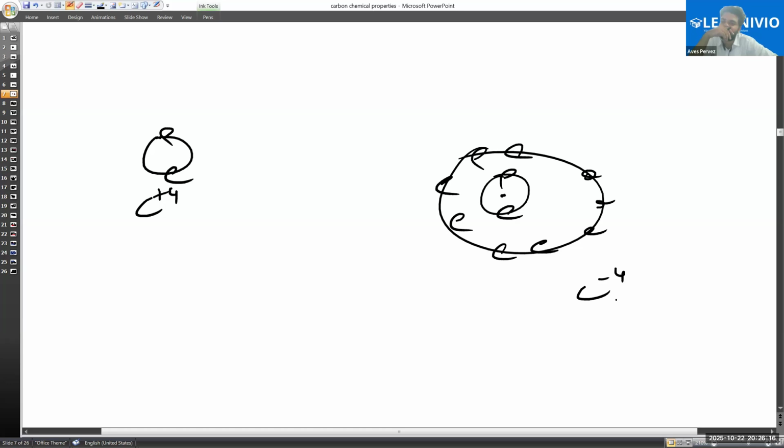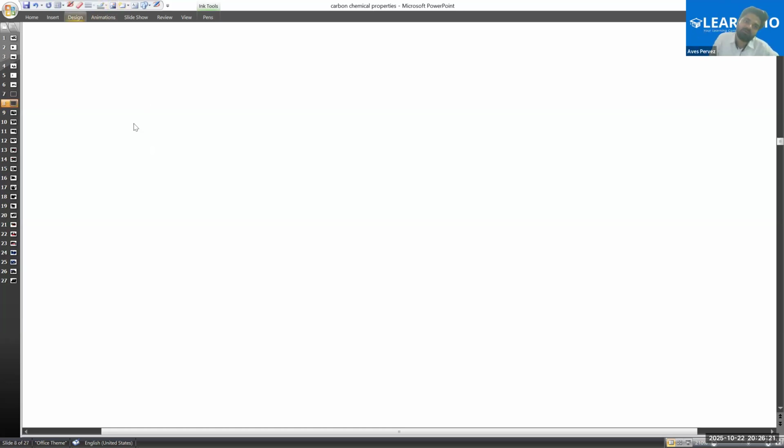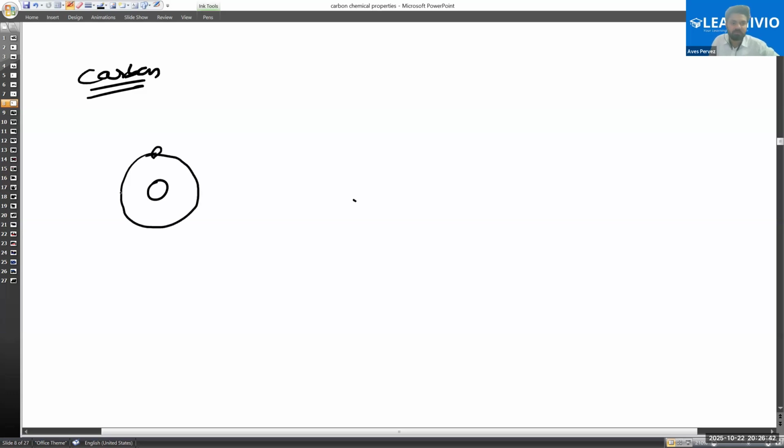It shares. The reason behind it is very simple. Carbon has 4 electrons in its outermost shell. Suppose it loses one of its electrons.